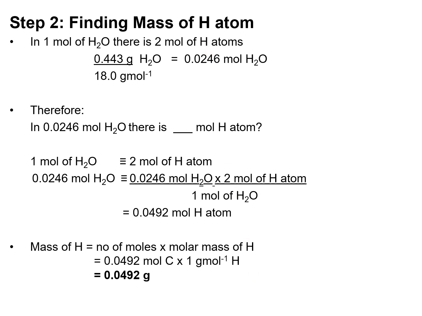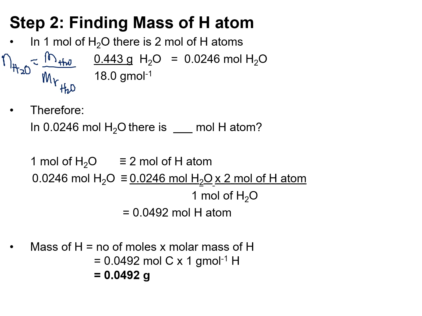So, what you need to do is you need to calculate the number of mole of H2O. So, number of mole is equals to mass divided by molar mass. Tapi sebab kita nak cari number of mole of H2O, kiranya mass of H2O divided by molar mass of H2O.